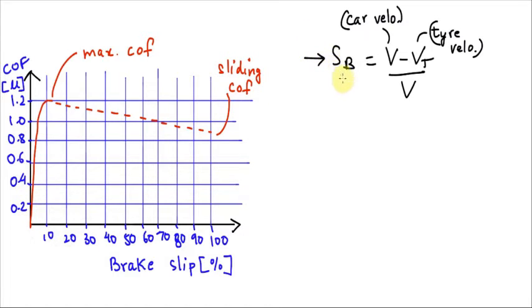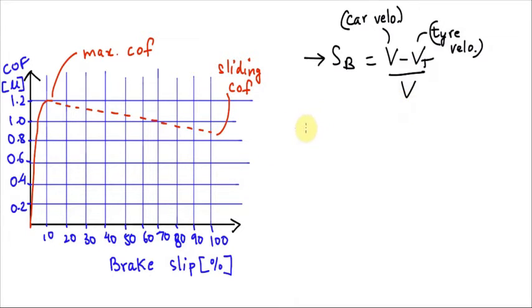Now, to calculate this, we have this formula over here: the brake slip in percentage is the car velocity minus the tire velocity, divided by the car velocity. The car velocity is quite simple. We know it's in kilometers per hour. But talking about the tire velocity, it's not.